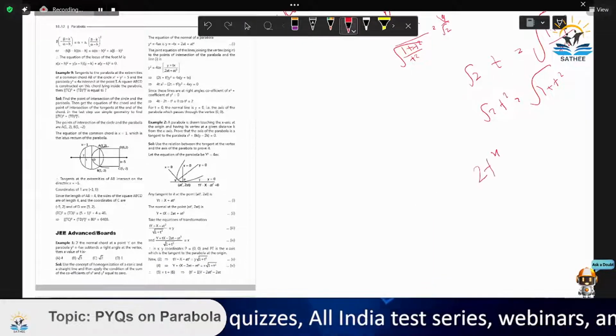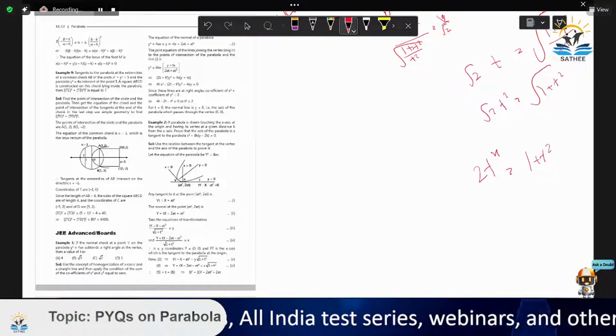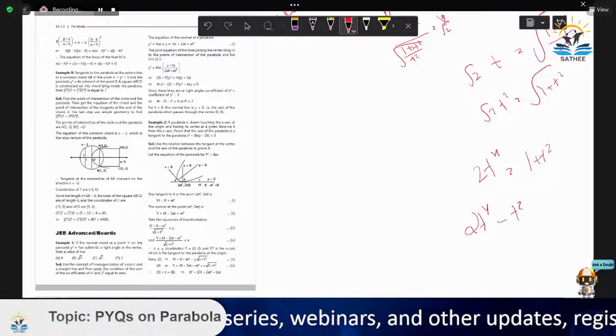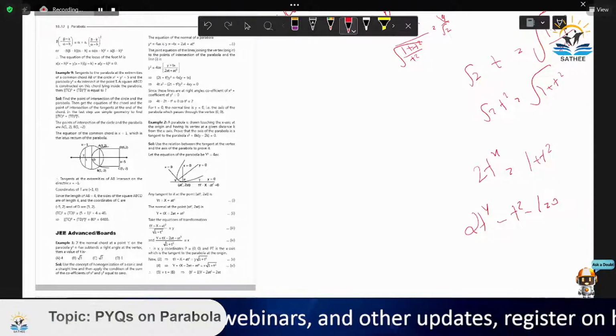So it is 2 times 2 to the power 4, 1 plus T square. And what am I left with? 2 T to the power 4 minus T square minus 1 is equal to 0.